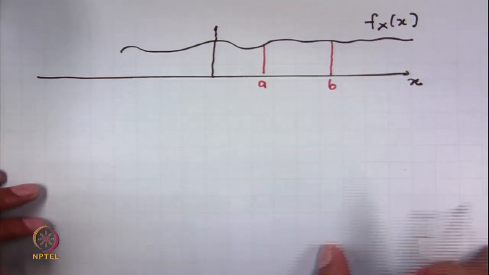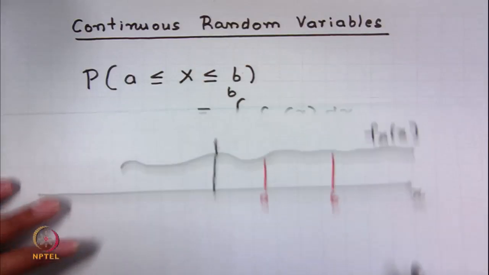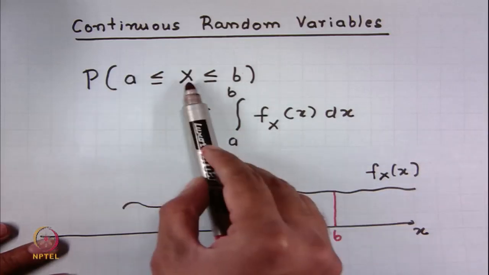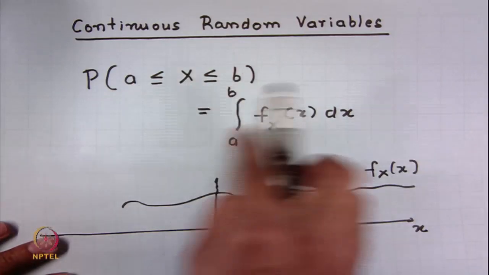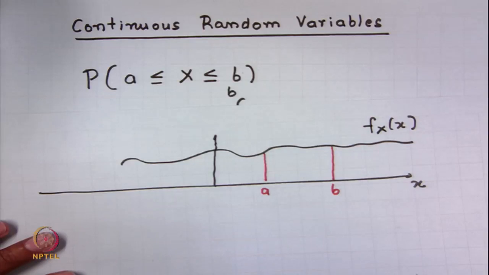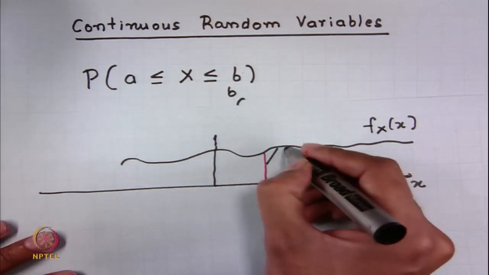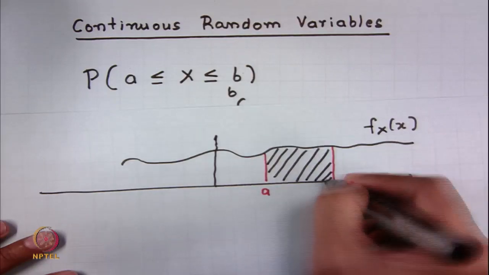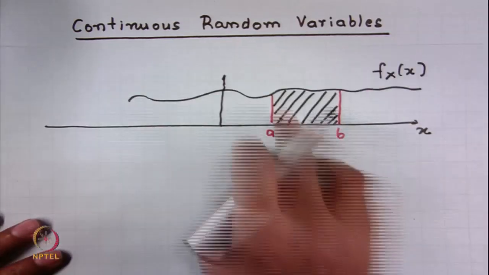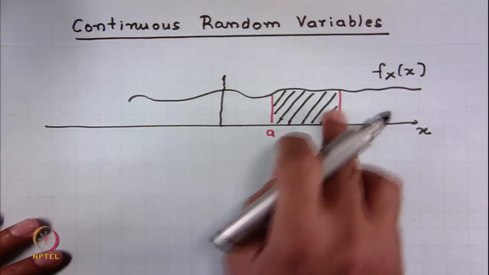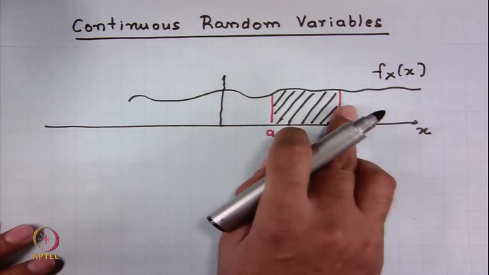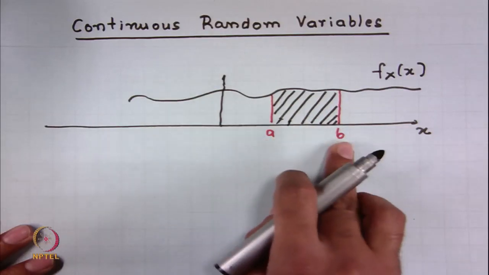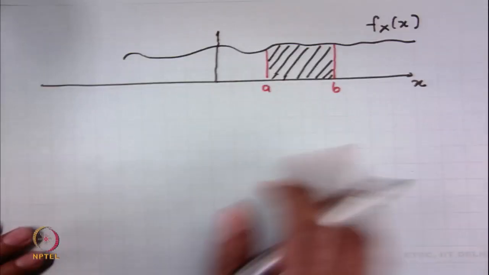If I look at this integration formulation, to calculate the probability that this random variable takes a value between a and b, what I have to do is integrate this and get this area. So, this area tells me the probability that the random variable takes a value between a and b, right.